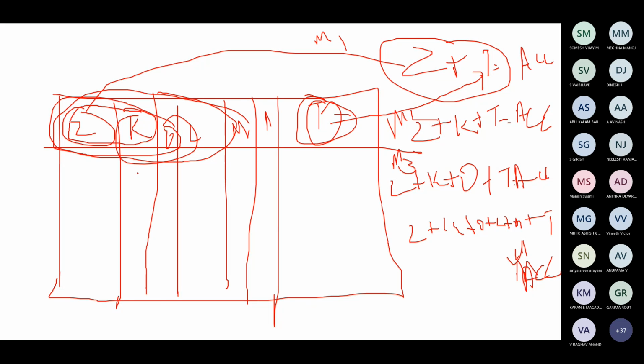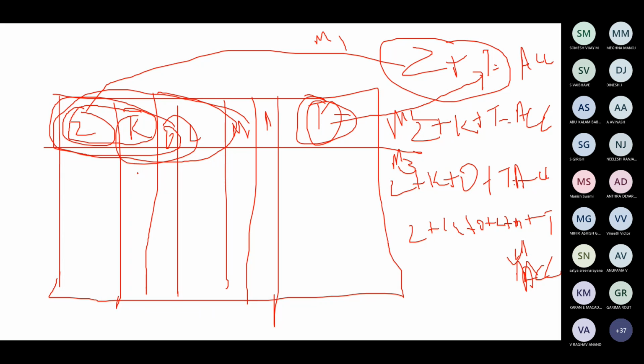You can find any combination: Z plus T, K plus T, O plus T, L plus T, M plus T, N plus T, Z plus K plus T, K plus O plus L plus T, like that, any possible combinations. You will get so many models and you can find their accuracies.